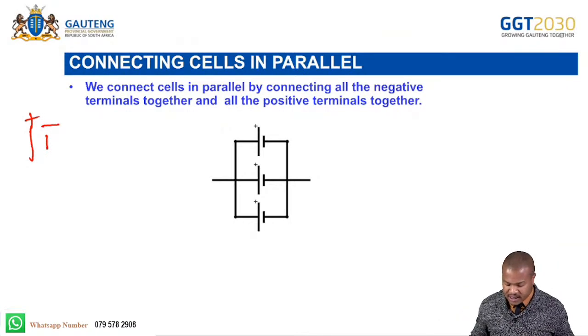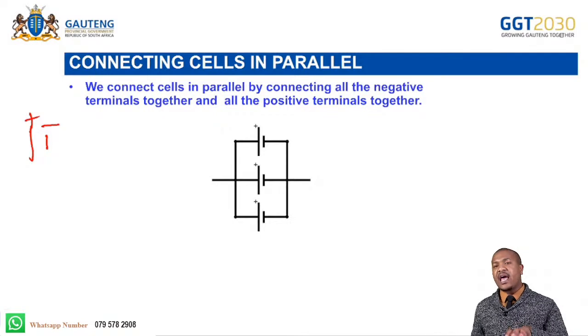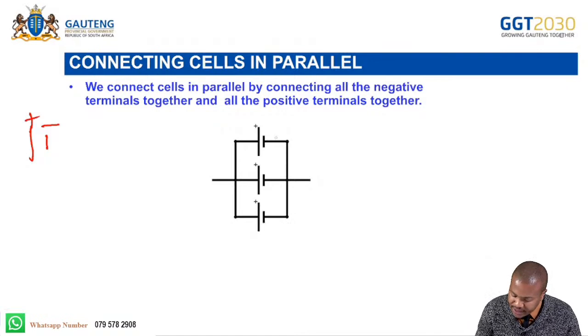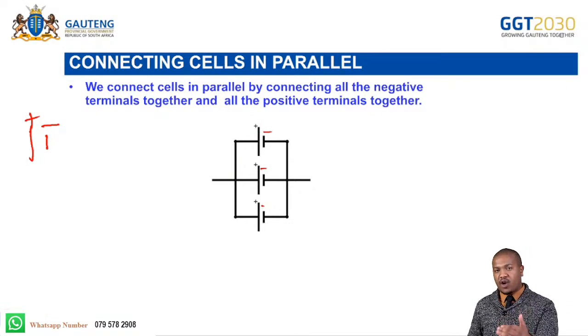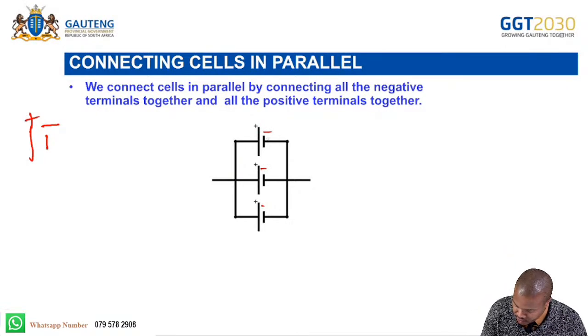So let's look at this now. This is a parallel connection of cells. So when you look at this, the negative terminal of this cell is connected to the negative terminal of the following cell. But how? Look at this. The wire is connected in such a way, and in this way, and in this way.